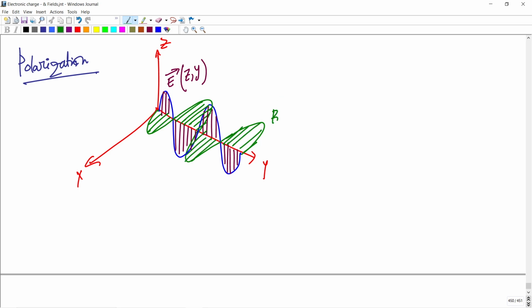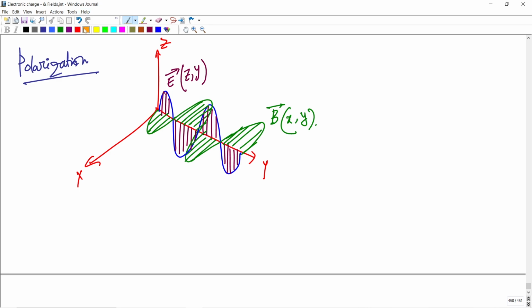So B, the magnetic field, vibrates in the X direction and propagates in the Y direction. So the magnetic field plane is the XY plane. So there are two planes here. Light is confined in two planes: one plane represents the electric field, and the other represents the magnetic field.